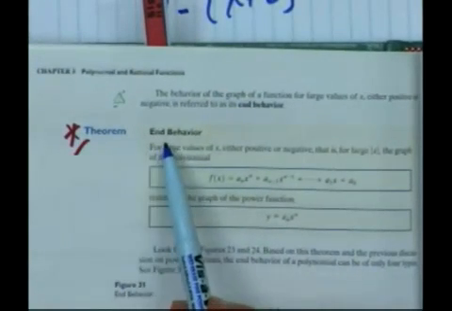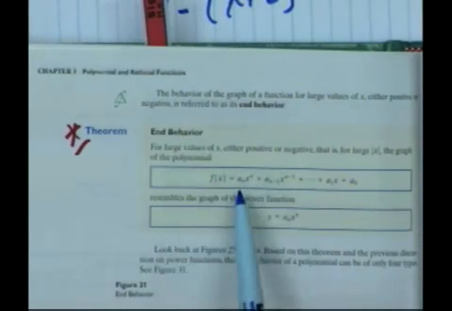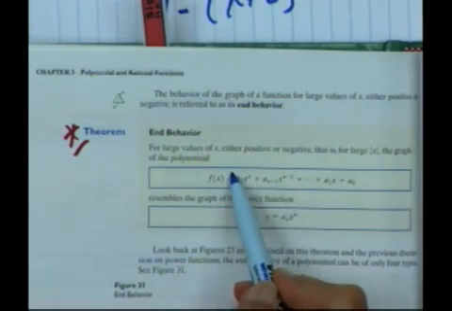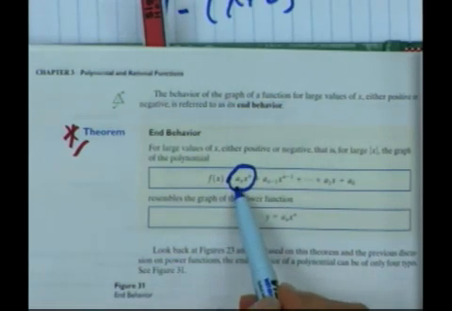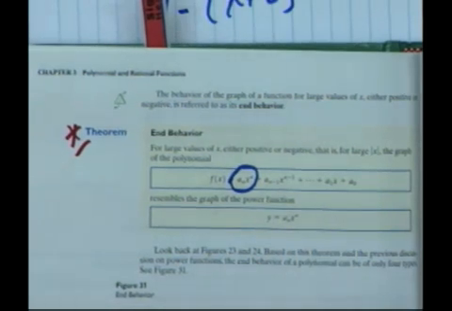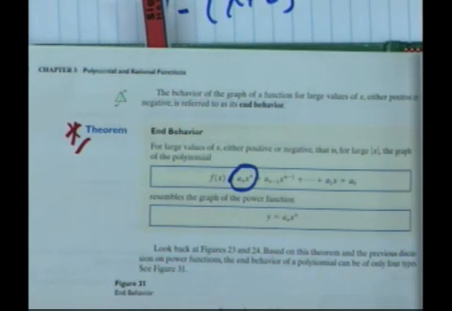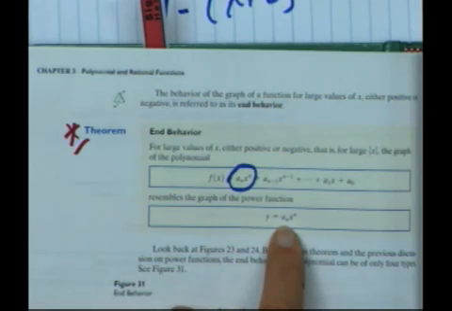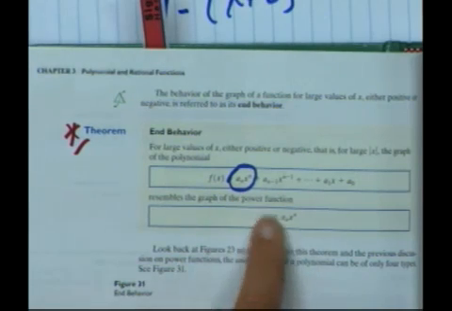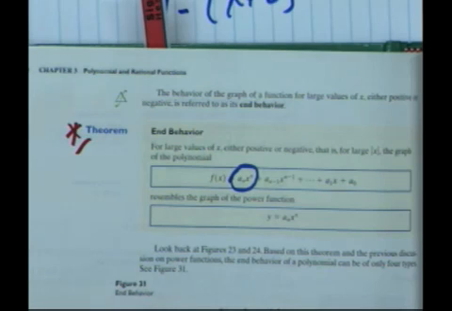Page 326, when you're talking about the end behavior, when you have a polynomial function, you actually look at the term of highest power with that coefficient, and you look at that power function. And this just says when you look at this function from a long ways off, you will be able to see the ends looking like the power function. So if your main one is even, both ends go the same direction. If it's odd, they go opposite directions. Okay? And that's all I can tell.